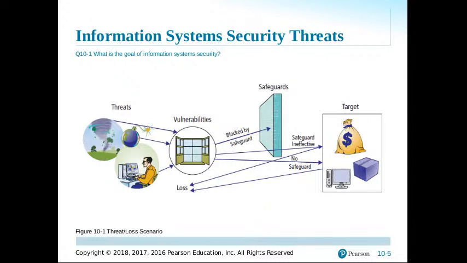So mostly they do it by breaking into the system. If the system has no fence, they can go in directly, right? Or if there are some safeguards like a fence, they try to break through the fence and get into the system.